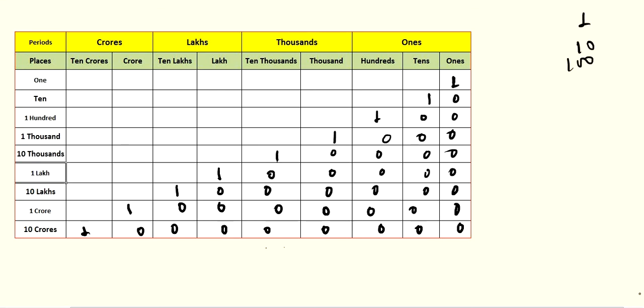Then the next thing is how to place commas in the Indian system. For example, if you are having 3, 6, 6, 5, 3, 2, 8.